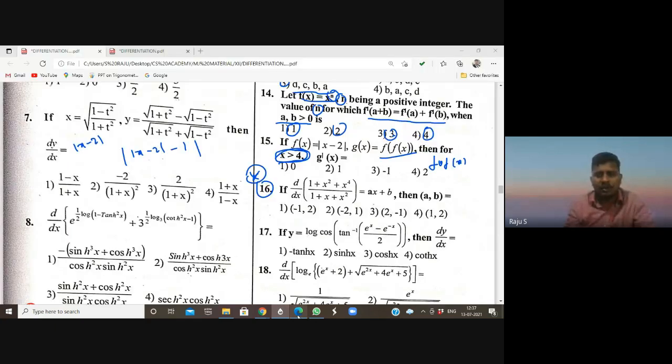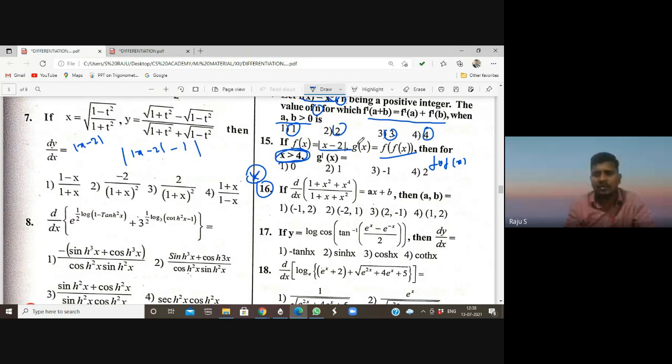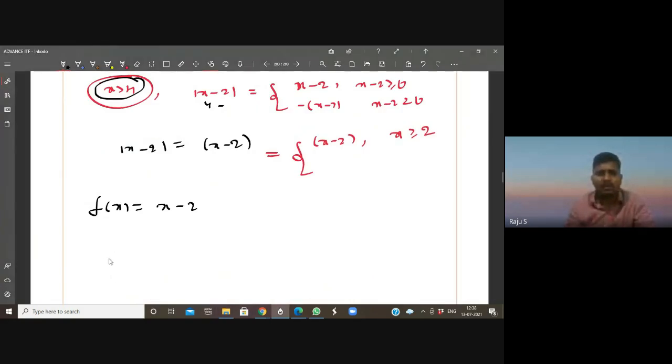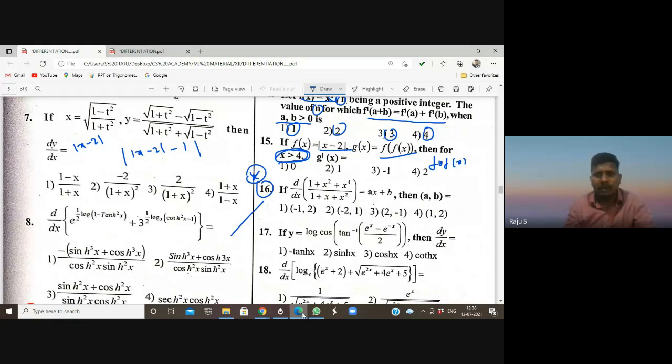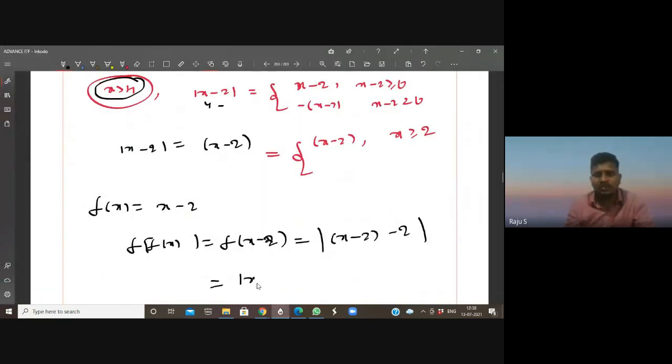This x minus 2 you can substitute over here, giving x minus 2 minus 2, which is clearly x minus 4.